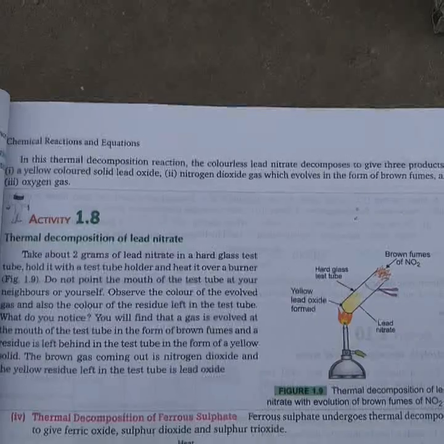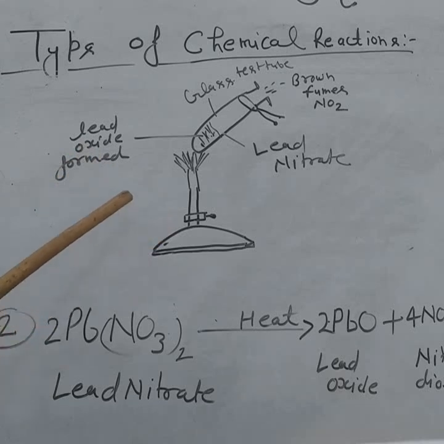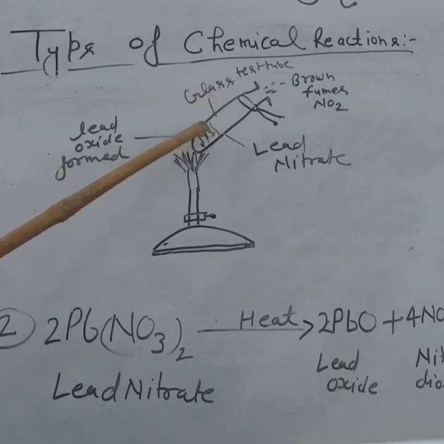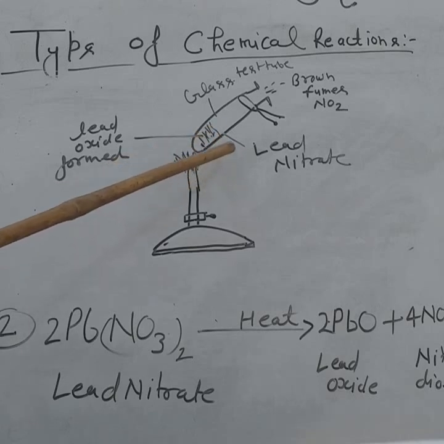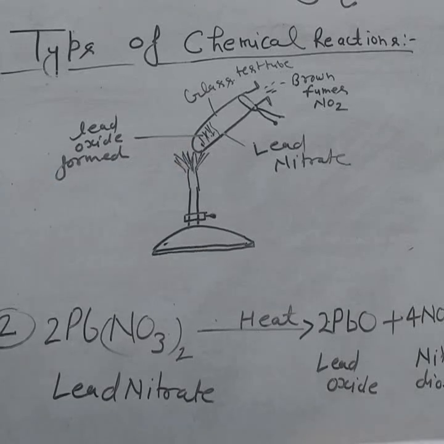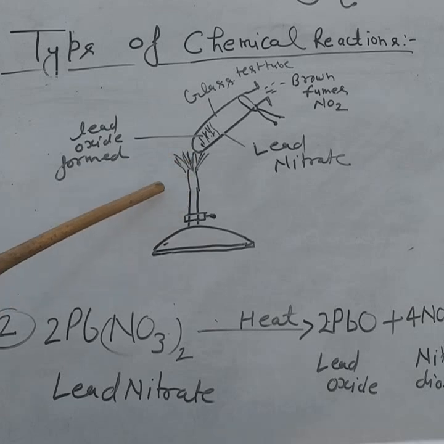In this example, take 2 grams of lead nitrate in a test tube, hold it with a holder and heat it over a burner.